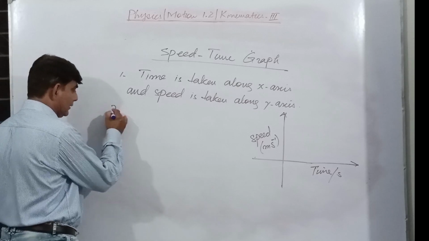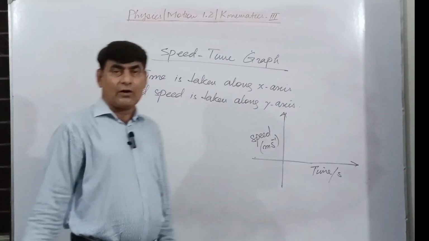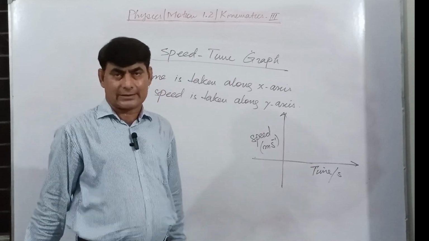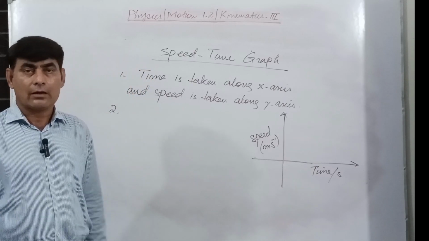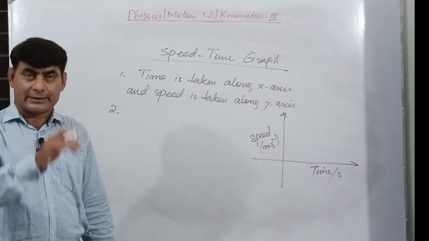Now the next point. If a line is parallel to x-axis in a speed time graph, it represents uniform speed.